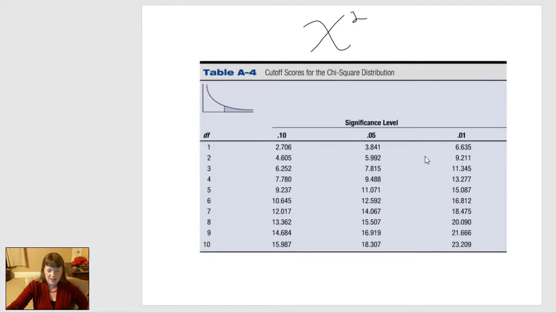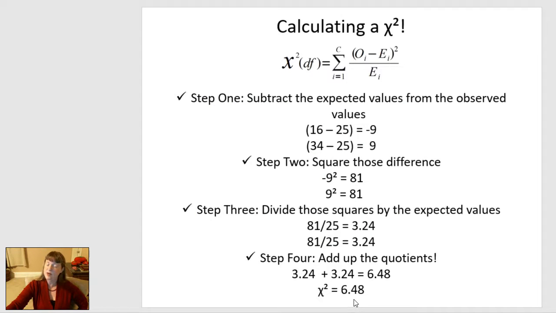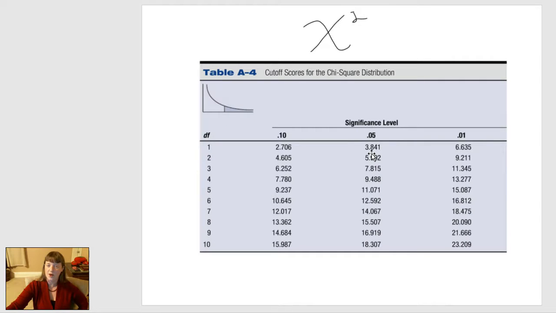And here I can see that my critical value for an alpha of 0.05 with 1 degree of freedom is 3.841. That is our critical chi-square. If we flip back here to our actual test statistic, we got a 6.48. That means we are going to reject the null hypothesis because 6.48 is bigger than 3.84.